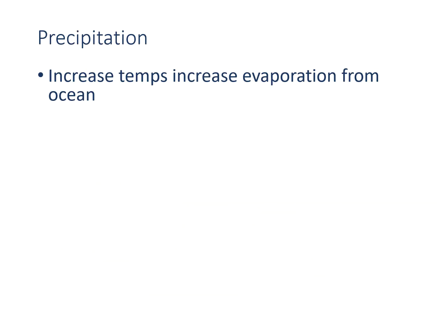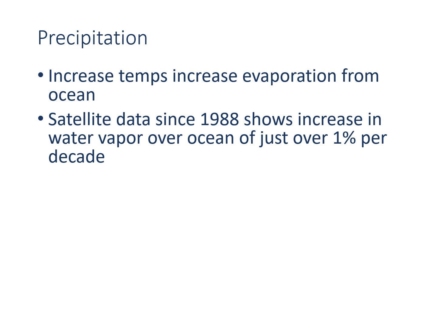All right, precipitation, how's that going to change? Increased temperatures should increase evaporation from the ocean, leading to more humidity, which we saw in some of the prior graphs, and potentially increasing humidity and precipitation. Satellite data since 1988 shows an increase in water vapor over the ocean of 1% per decade.